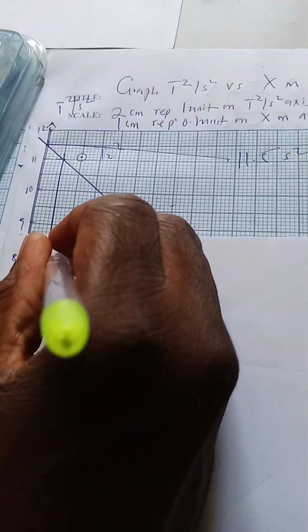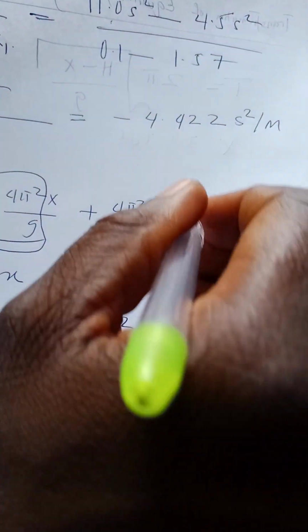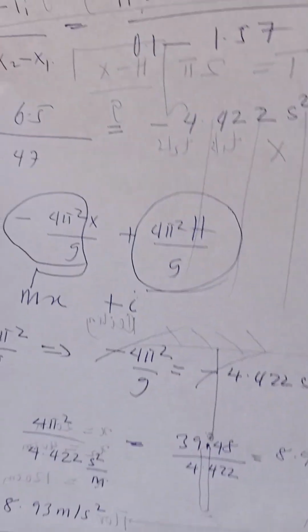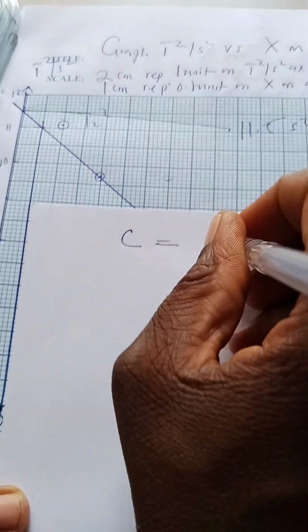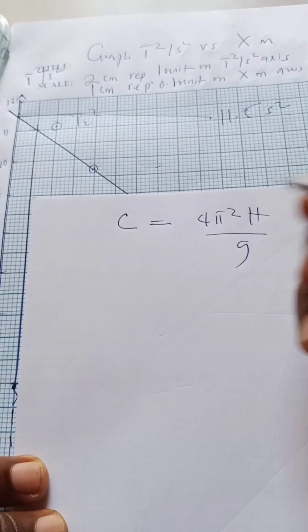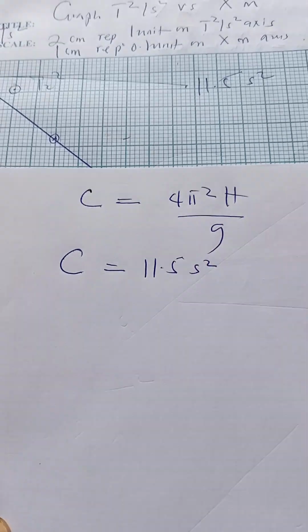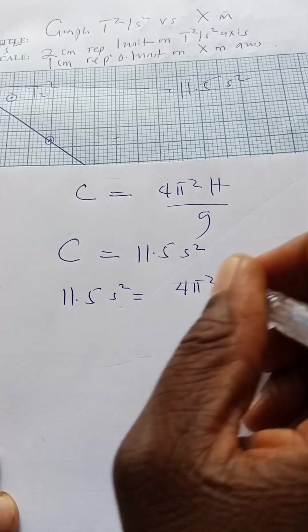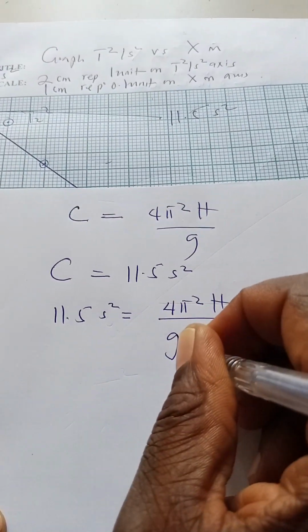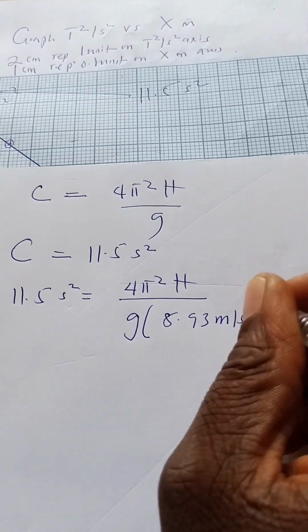So therefore, from the equation that we have here, intercept c stands for 4 pi squared capital H over g. From the graph, intercept is 11.5 seconds squared. By inspection, 11.5 seconds squared is equal to 4 pi squared capital H over g, and our g, we found it to be 8.93 meters per second squared.